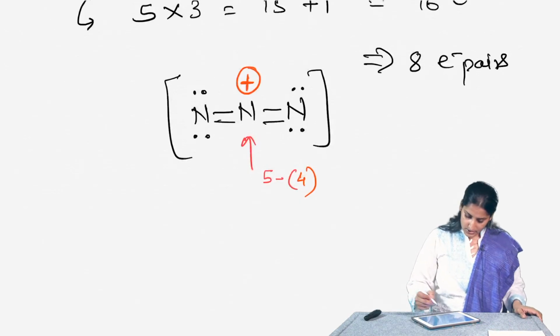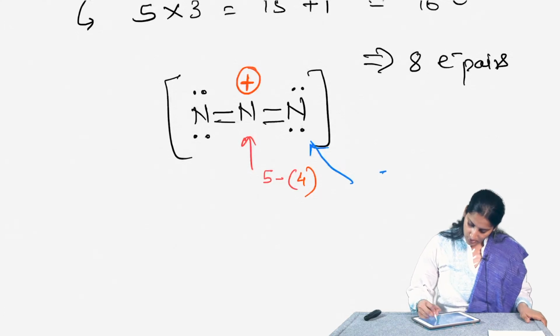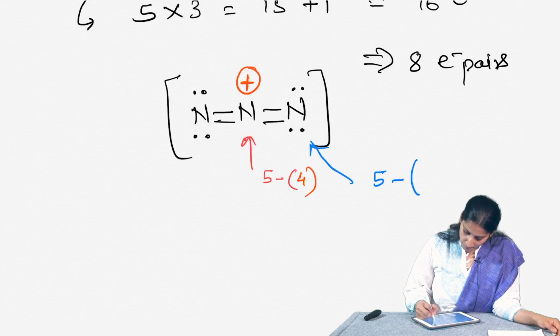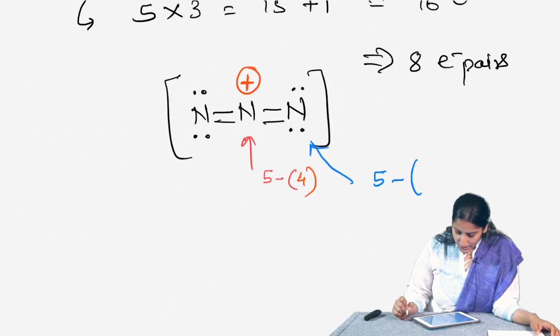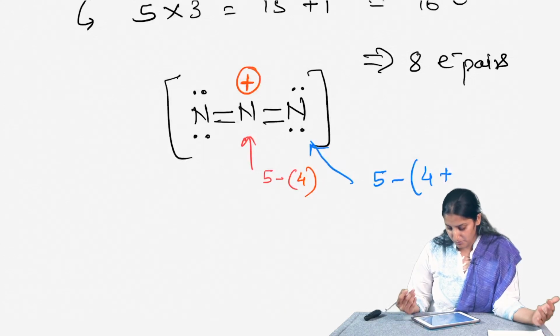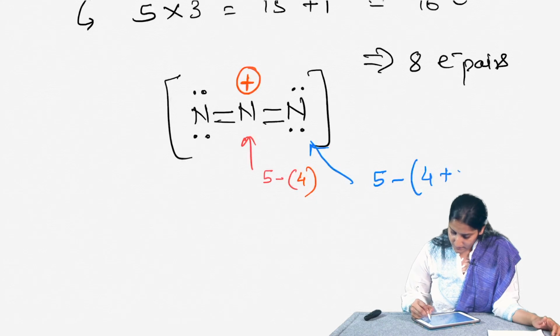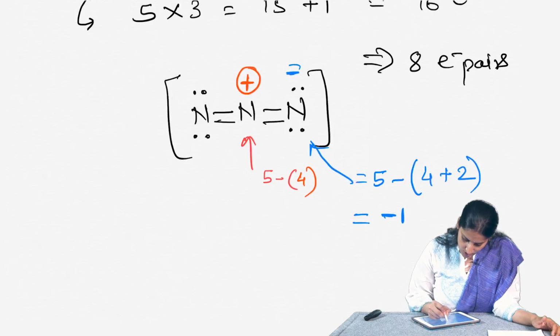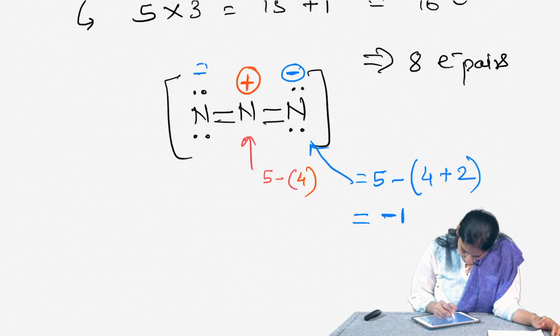Now, if you look at this other nitrogen here, 5, which is the number of valence electrons of the nitrogen, minus how many electrons are in the lone pair? 4, plus the number of electrons that are in the bonding pairs divided by 2. So, that will be 2. So, that will be a total of minus 1. So, the other nitrogens actually have a charge of minus 1 each, right.